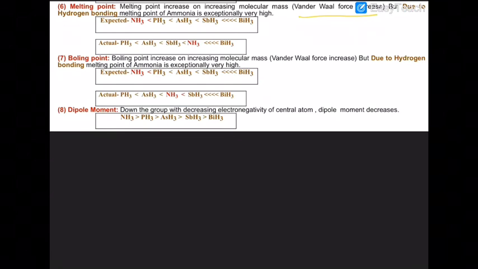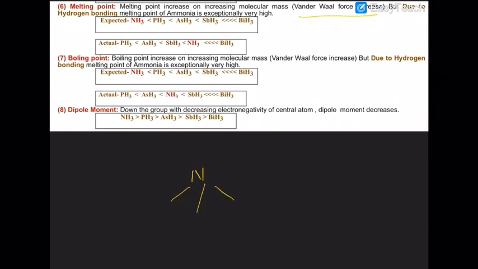Similarly, dipole moment. As we move down the group, the electronegativity of the central atom decreases. So the dipole moment from the atom will move towards what? The lone pair. So this movement of bond pair towards the lone pair is maximum in case of ammonia.